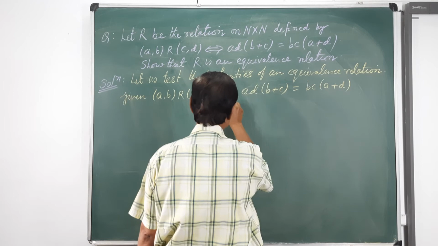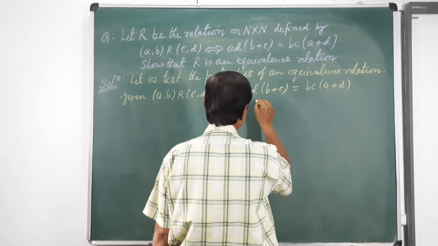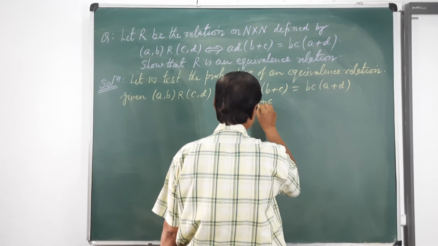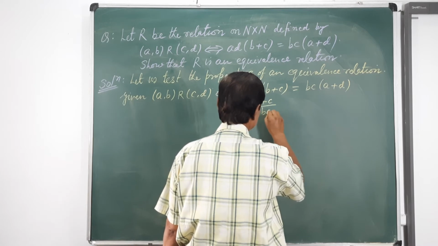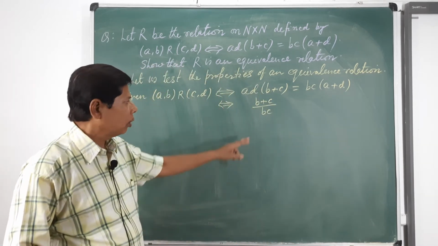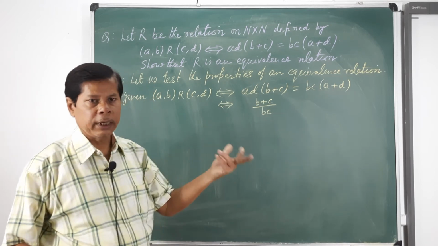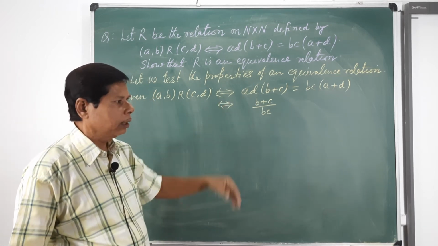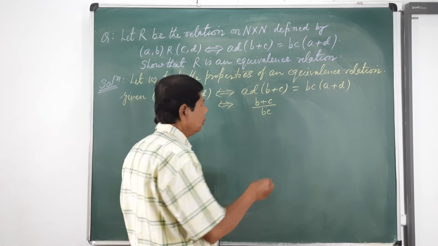This implies and implied by dividing by BC, because all of them are natural numbers, and the product of two natural numbers will again be a natural number. So we can divide it.